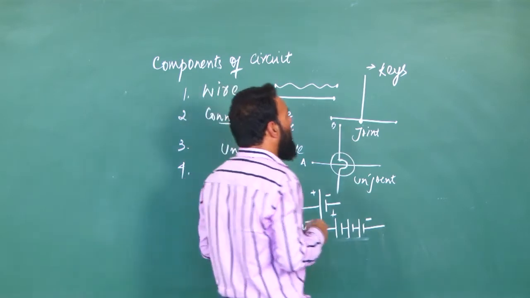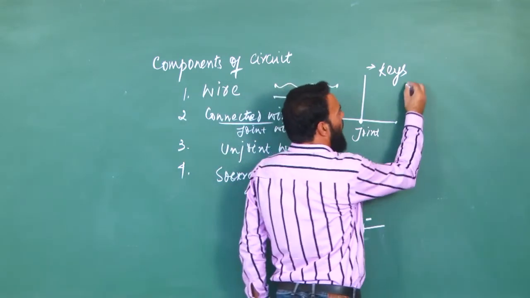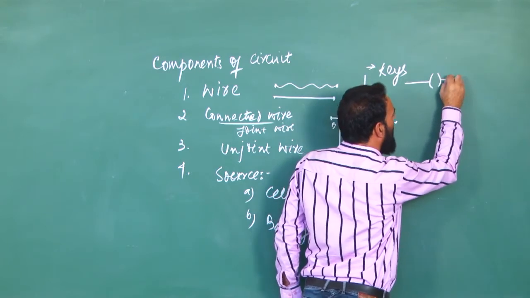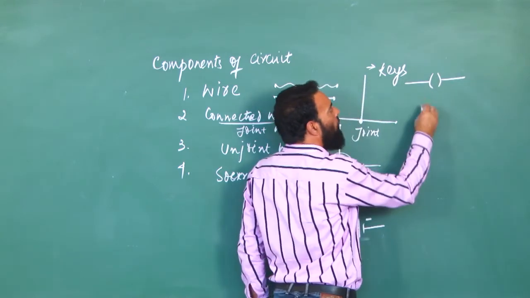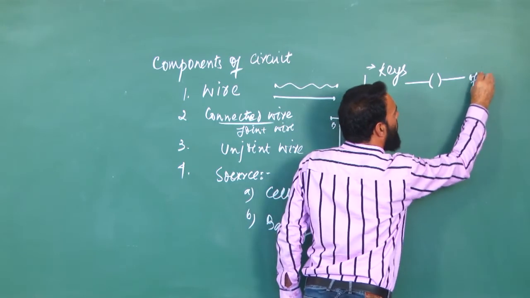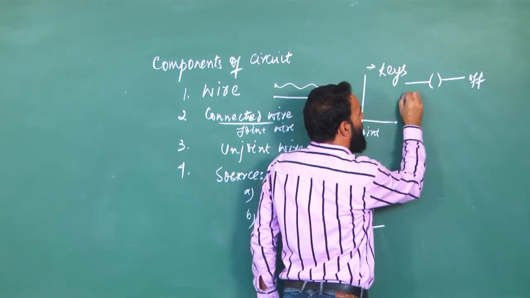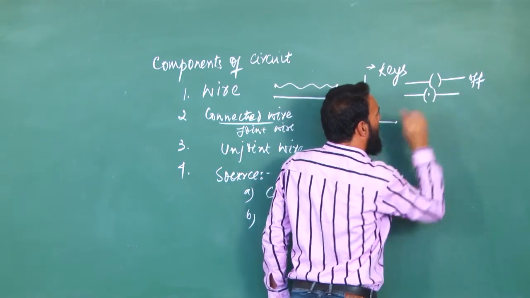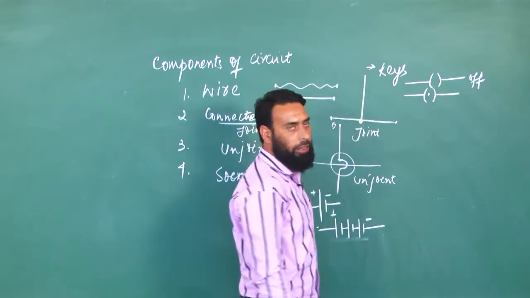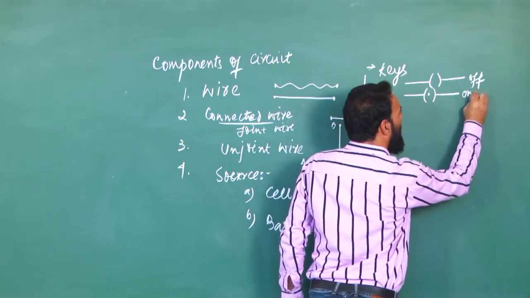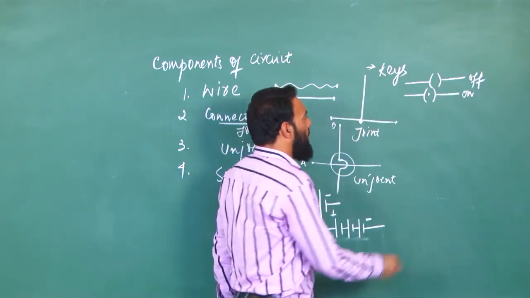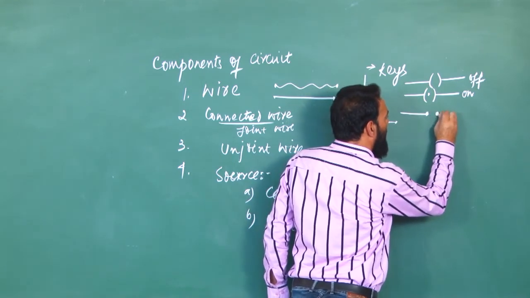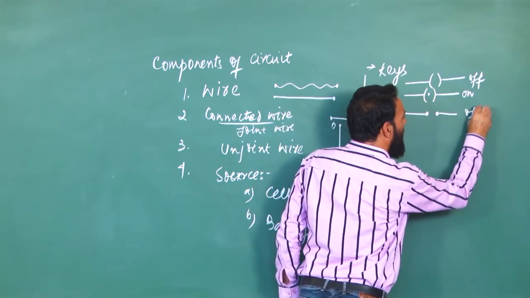Keys are represented in different ways. One way of representing a key is like this. This is an off key. If we represent the dot, this is an on key. Another way is representing like this. This is off.